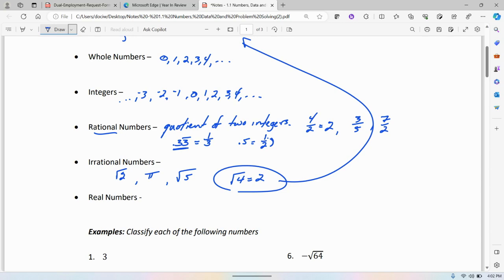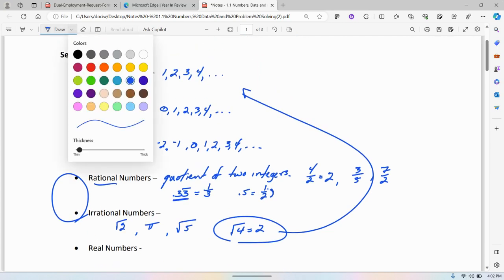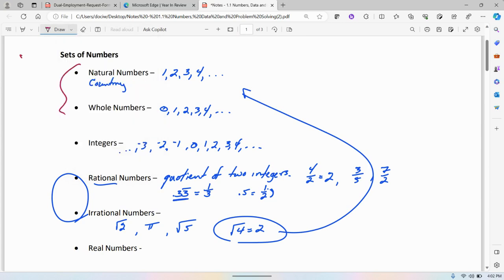Okay, real numbers are the collection of all numbers, whether rational or irrational. So if I go back up here, the natural numbers, whole numbers, integers, those are all rational numbers because they can be expressed as a quotient of two integers.